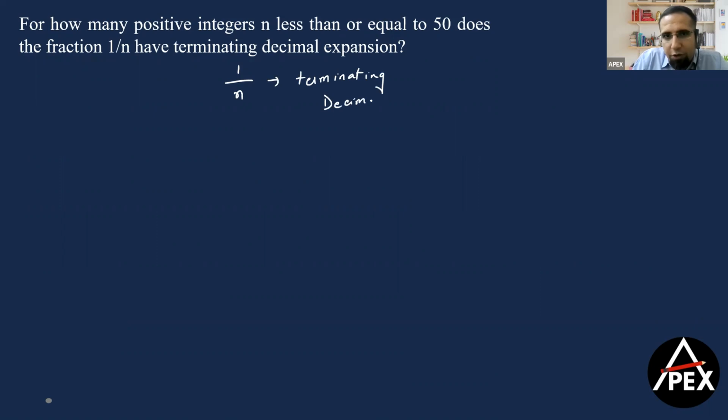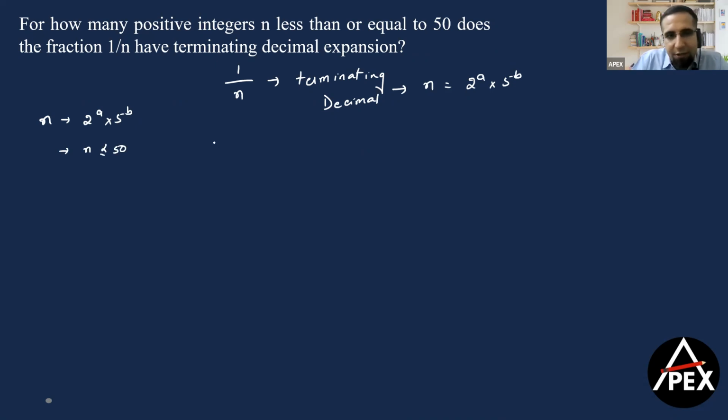The concept of terminating decimal means the value of n should be in the form of 2 to the power a into 5 to the power b. Clear, right? So now what are these values? That means I want n to be in the form of 2 to the power a into 5 to the power b, and the second condition is n should be less than or equal to 50.